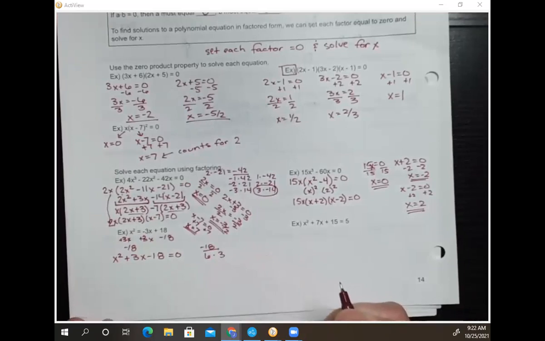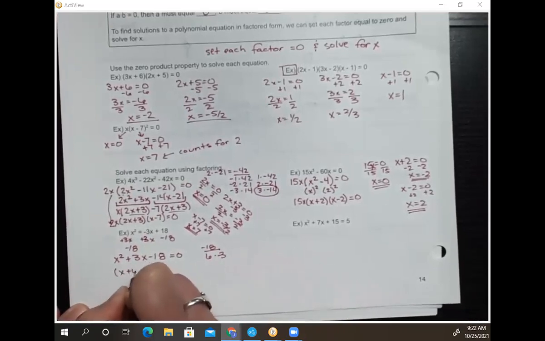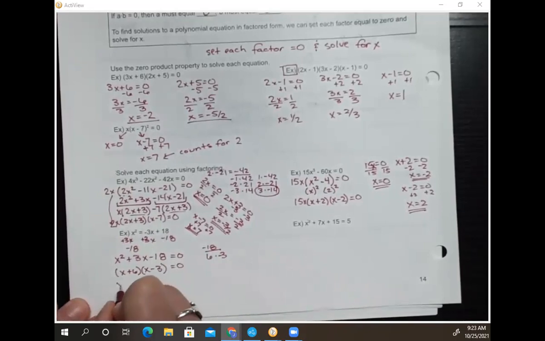So which one should be negative? The 3. Yep. So this would be x plus 6 times x minus 3 equals 0. And then set each factor equal to 0 and solve. So we would get x equals negative 6 and x equals 3 for our solutions there.